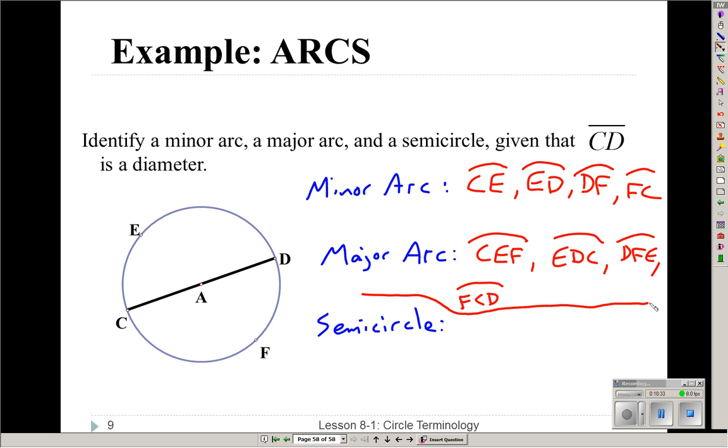Semicircles go halfway around. We have two of those. One from C to D that goes through E, so that'll be semicircle CED, and the other one goes along the bottom route, CFD.